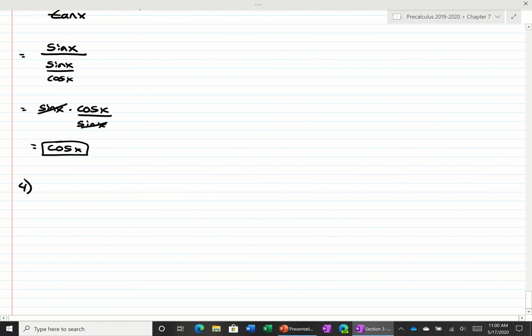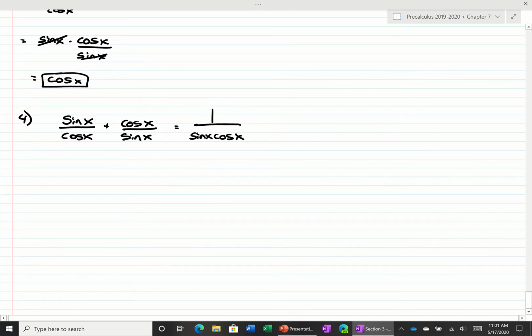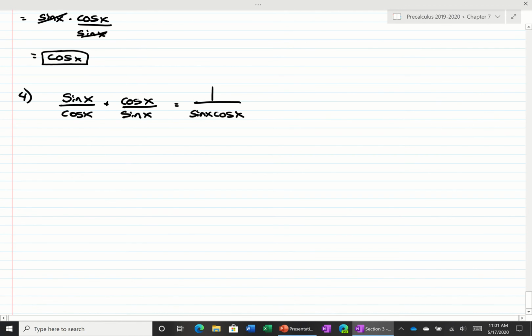Number 4, we have sine of x over cosine of x plus cosine of x over sine of x, and that's equal to 1 over sine of x cosine of x. Alright, so let's get a common denominator.